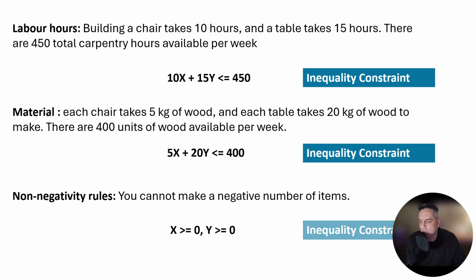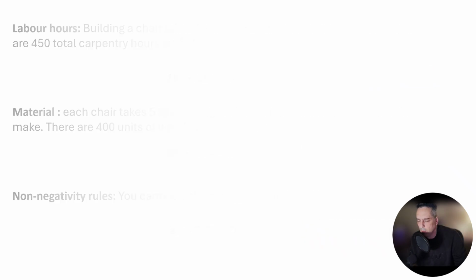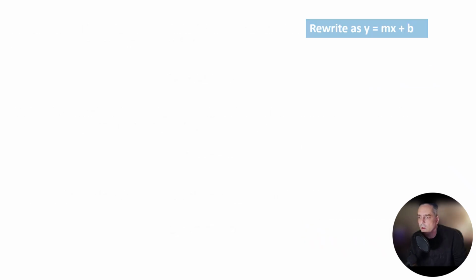Just to define these, they are called inequality constraints. You can actually have equality constraints as well in these optimization problems, but to keep things simple, we'll just deal with the inequality constraints for now. The next thing we want to do is rewrite these inequality constraints as y equals mx plus b.